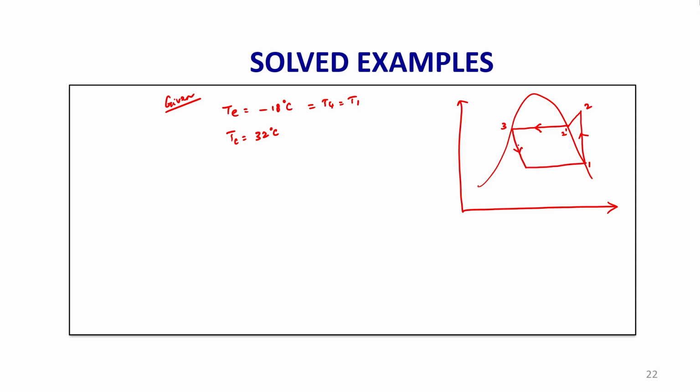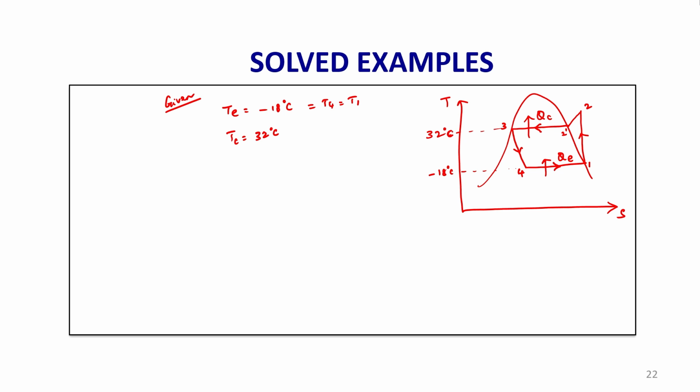This is the expansion process 3 to 4, and this is QE, this is QC. The y axis is temperature, this is x. This is given, this is minus 18 degrees centigrade, this is 32 degrees centigrade. So, for easy reference I am drawing the diagram here.